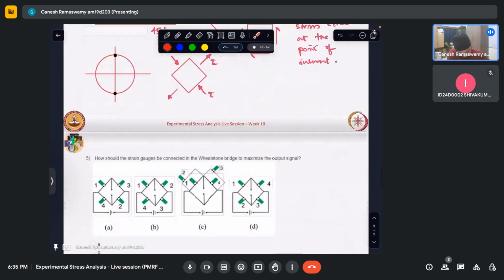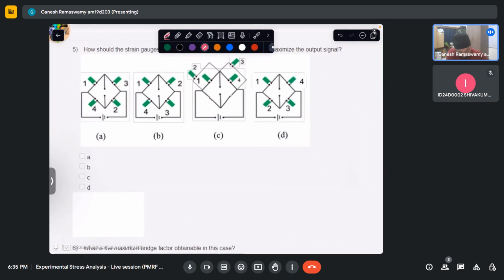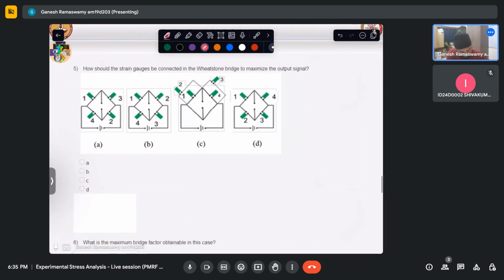Okay, so let us look at this question. How should the strain gauges be connected in a Wheatstone bridge to maximize the output signal? Is what is asked. So now if we see here, basically this goes by one convention.